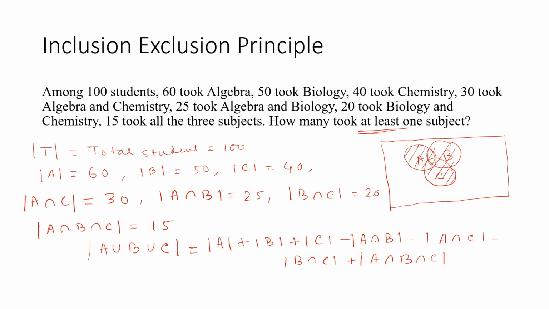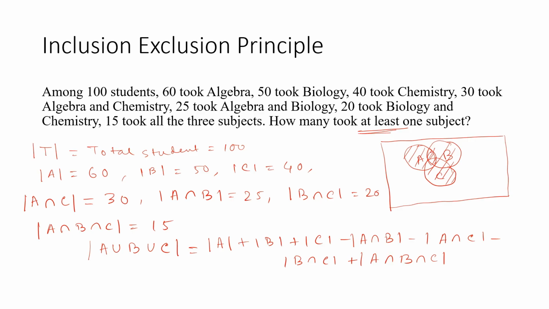So if we add this intersection again, that means we are considering this intersecting portion twice inside each of the unions. And lastly, we are adding this intersection of the three sets. Why?